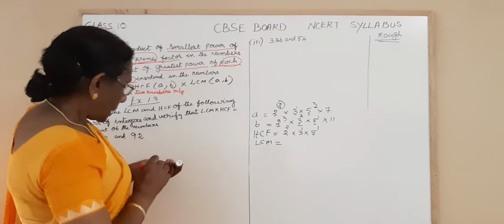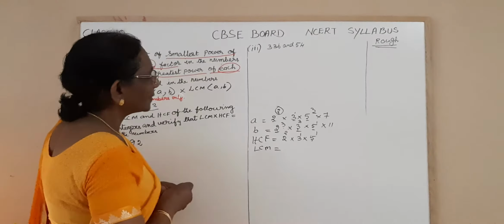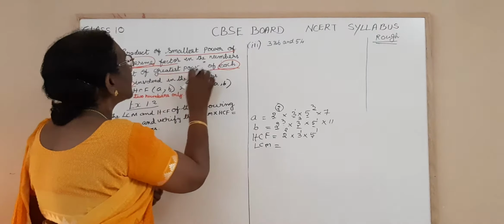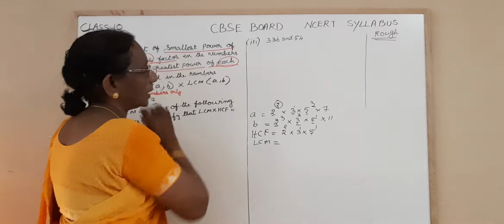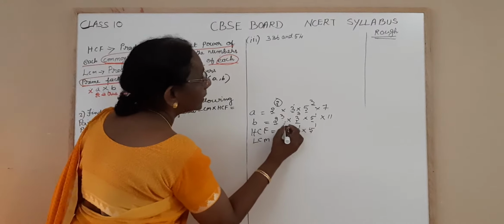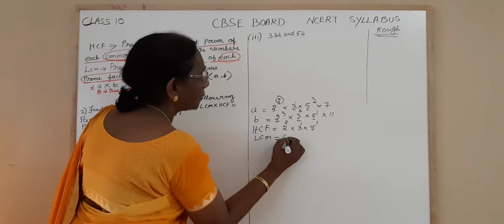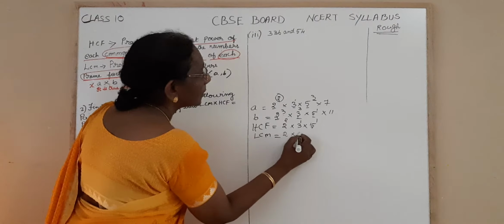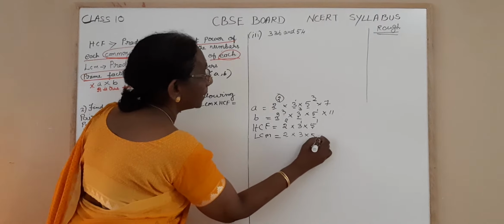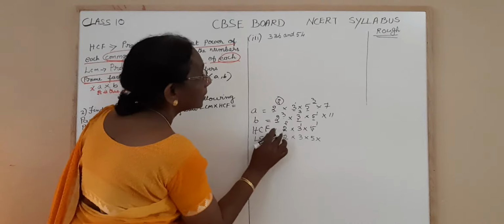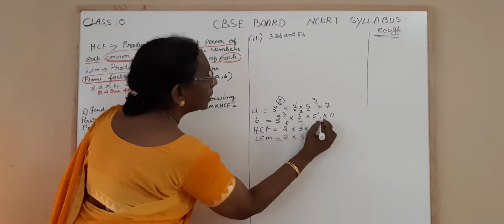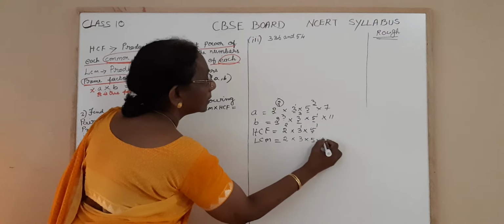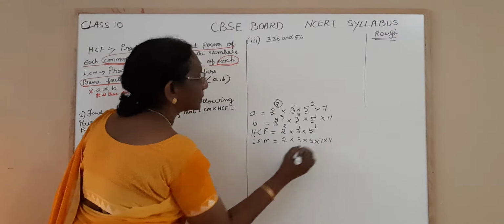So here LCM. What? Greatest power of each prime factor. So you write all the factors first. What? 2 into 3, 5. And next is what? 5 is here. Then 7 into 11.